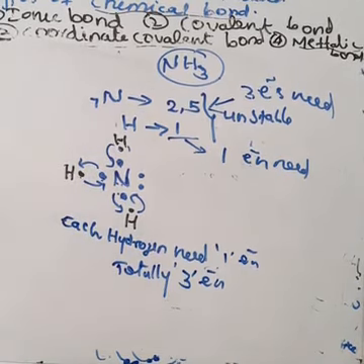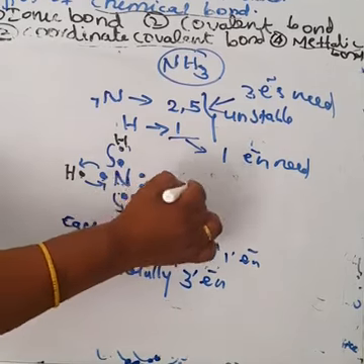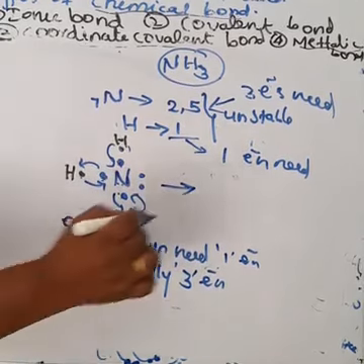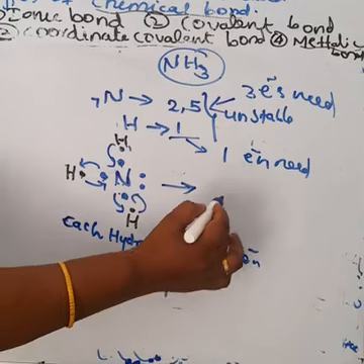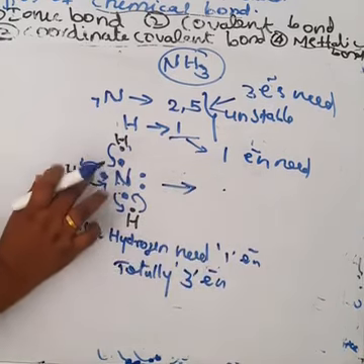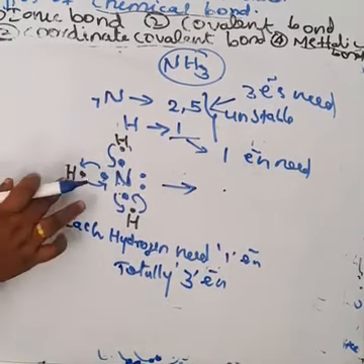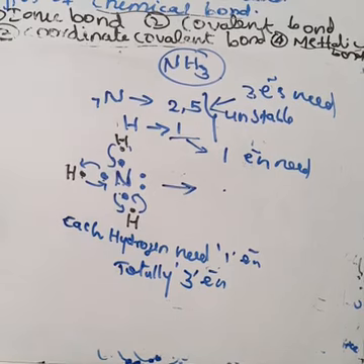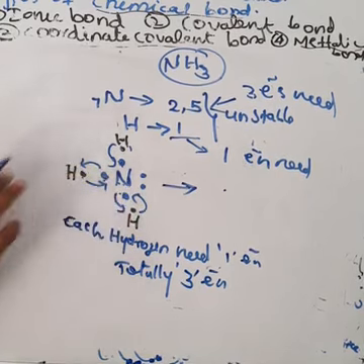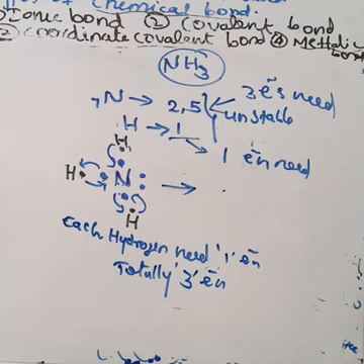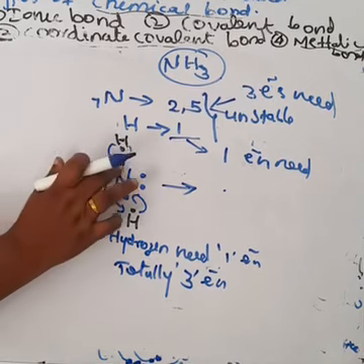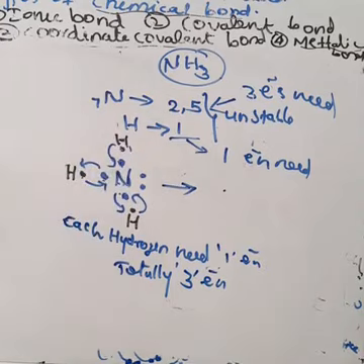Understood? So mutual sharing takes place here. This hydrogen atom shares its electron with the nitrogen atom, and so do the other two hydrogen atoms. At the same time, the nitrogen atom shares one electron with each hydrogen atom.